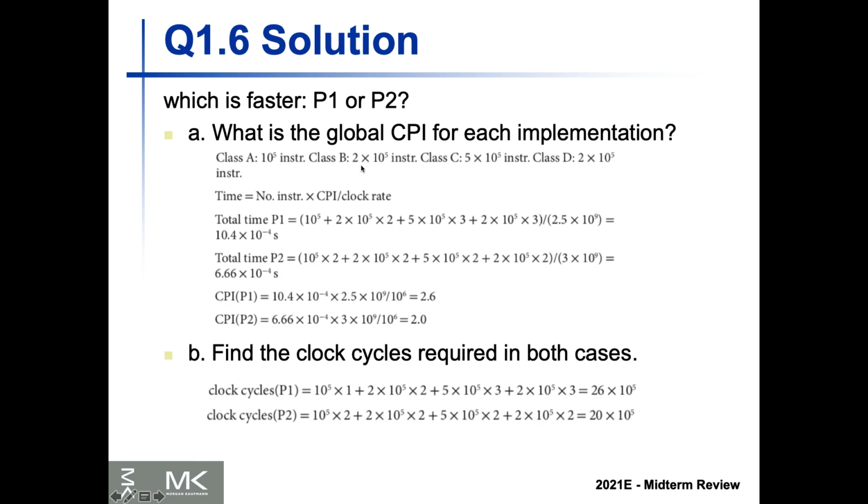We have 20% of those, so double the size of A, 5 times the size of A, and double the size of A again. So these are the different instructions grouped into different classes.